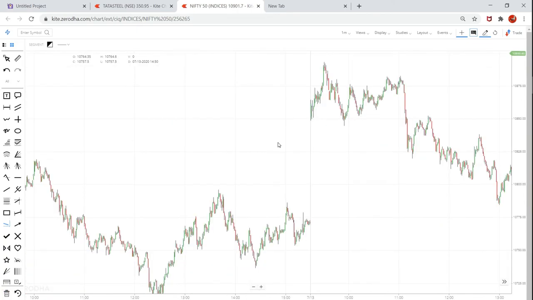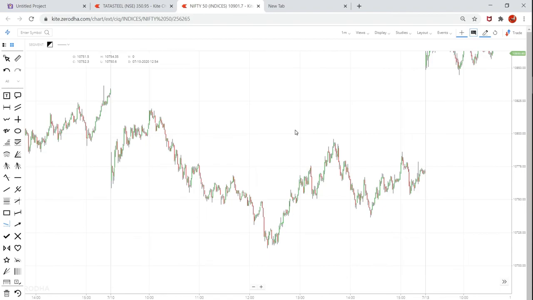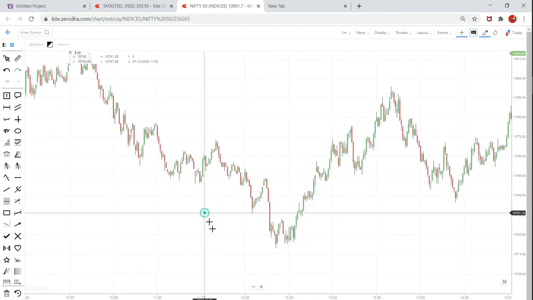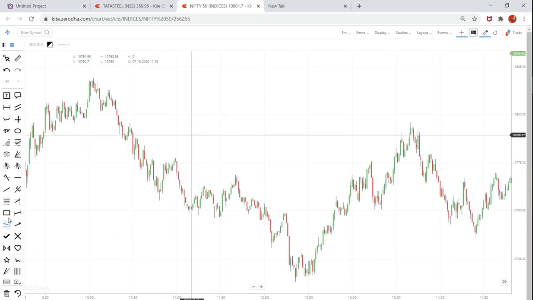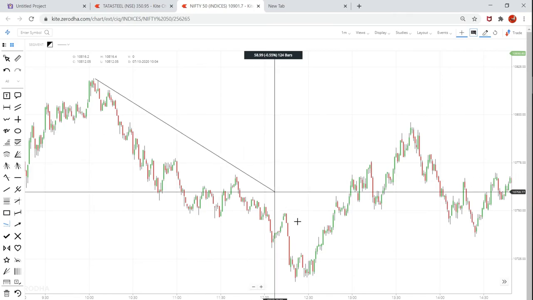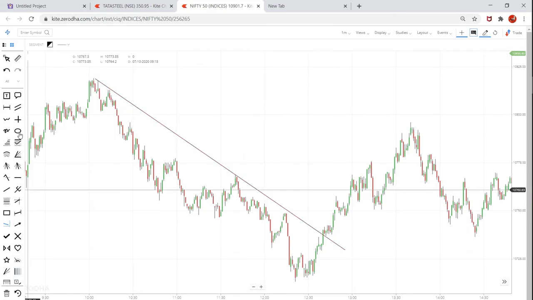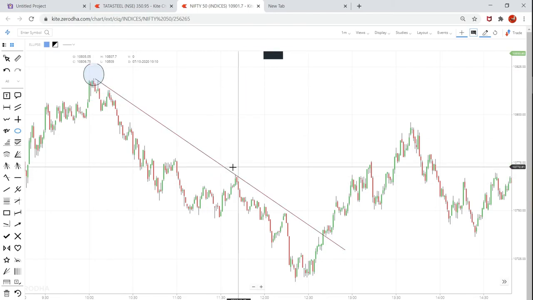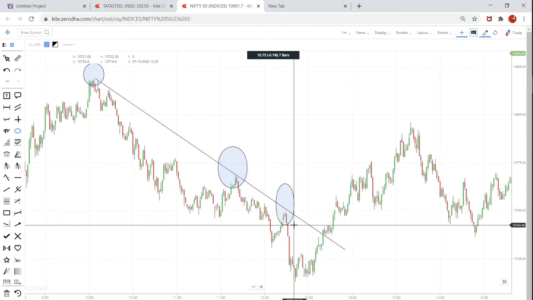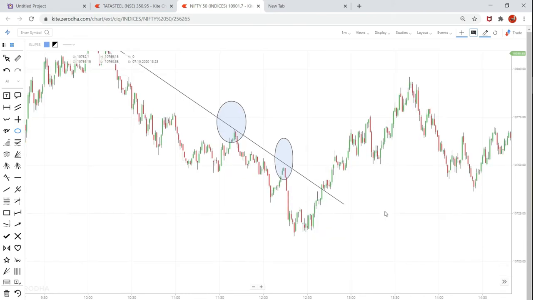So if I come to a previous day, 10th of July. See here, from here the market is all the way coming down. Every time it came to this level, it was acting like a resistance. But at this level, the resistance just broke.